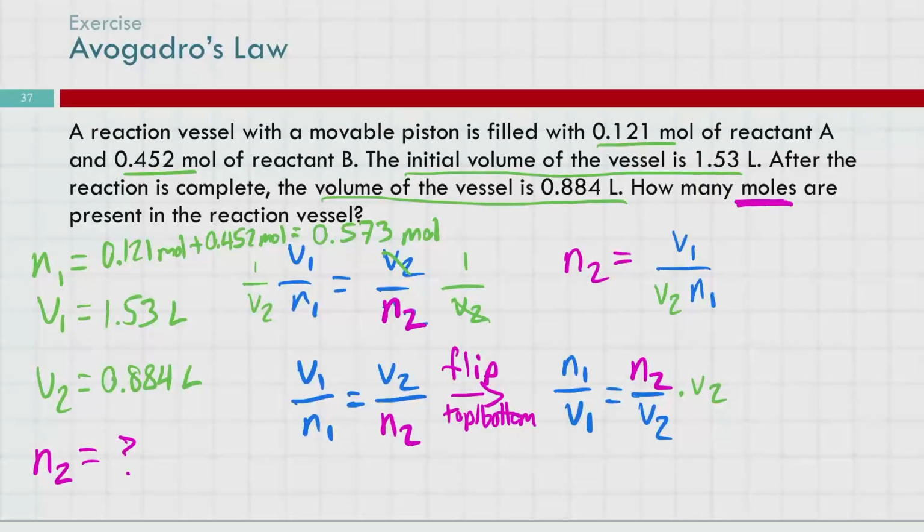So times V2 to both sides. The V2's cancel, and so N2 is equal to N1, that looks kind of like an H, anyway, V2 over V1.